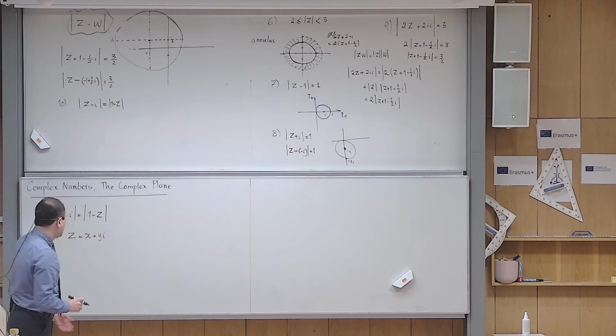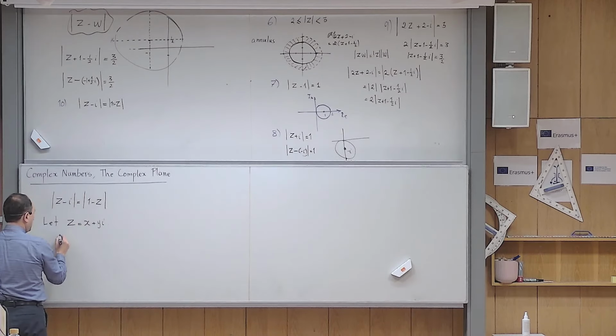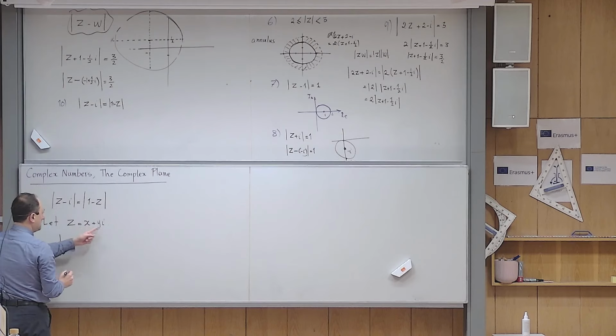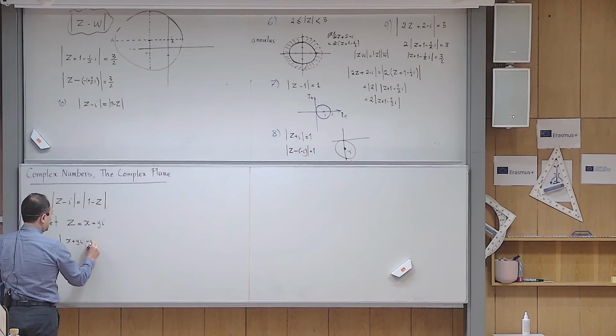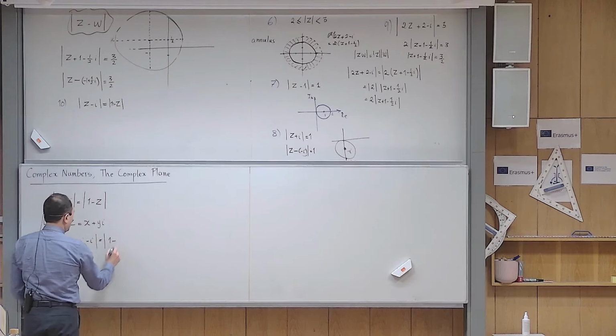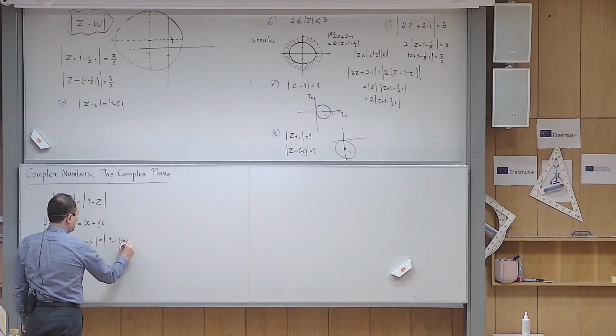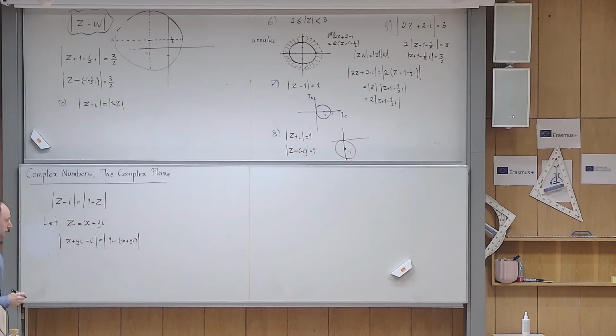Okay? So what happens here, I put this here. So this becomes absolute value of, instead of z, I put this, minus i, equals absolute value of 1 minus z. Just do it patiently, okay?